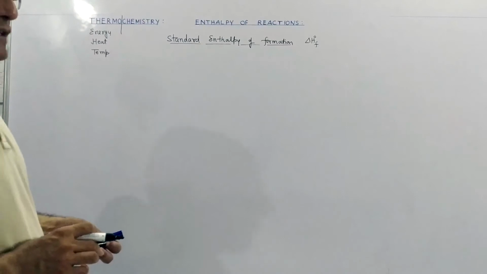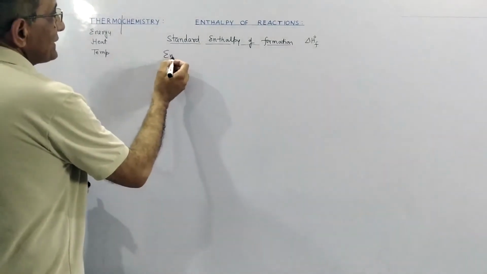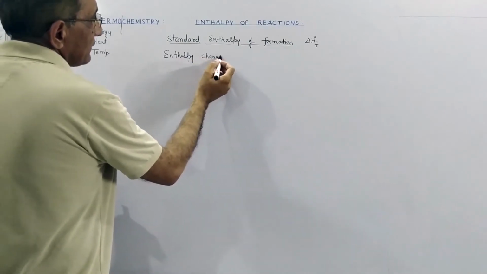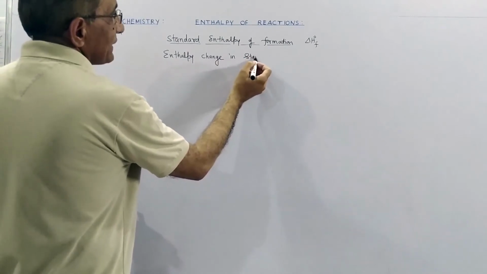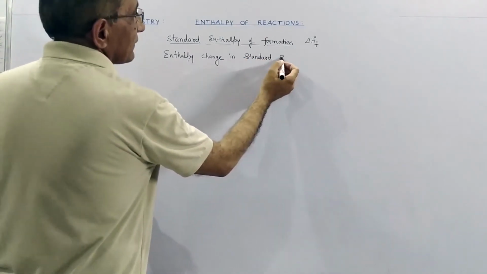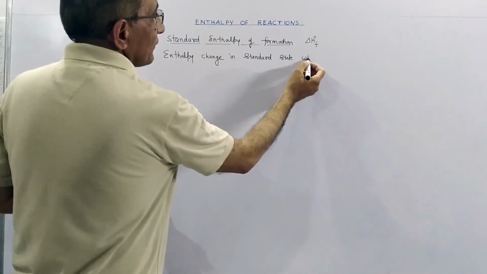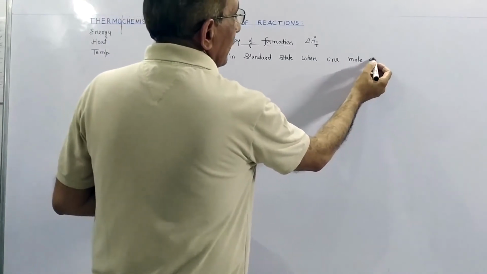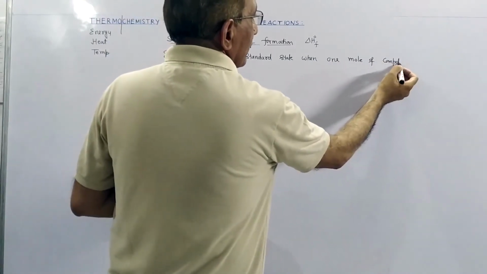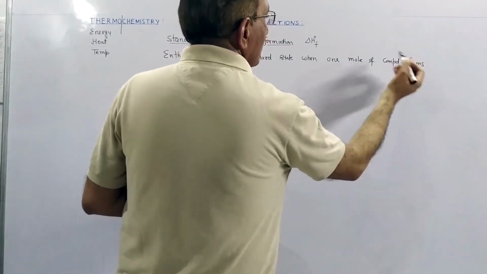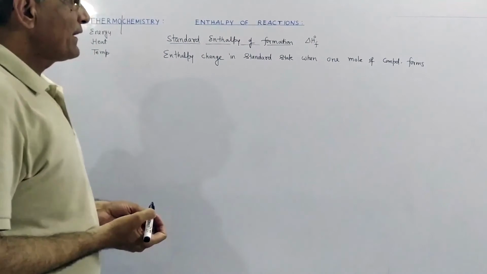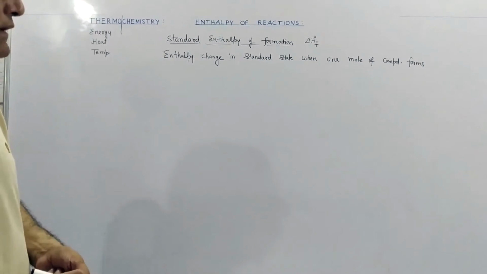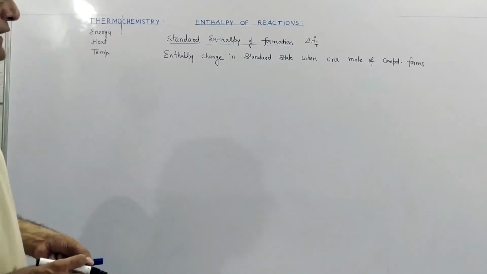It is the enthalpy change in standard state when 1 mole of compound forms. And if we are saying standard state, it means temperature is 298 Kelvin, pressure is 1 bar, and reactants are present in their standard state.